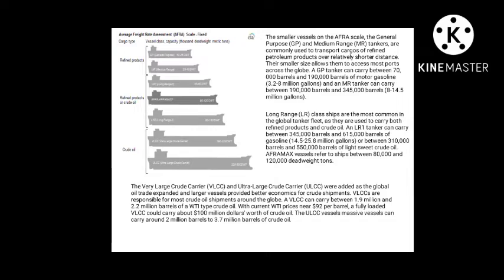An LR1 or long range 1 tanker can carry between 345,000 barrels and 615,000 barrels of gasoline, or maybe 14.5 to 25.8 million gallons, or between 310,000 barrels and 550,000 barrels of light sweet crude oil. Aframax vessels refer to ships between 80,000 and 120,000 deadweight tons.